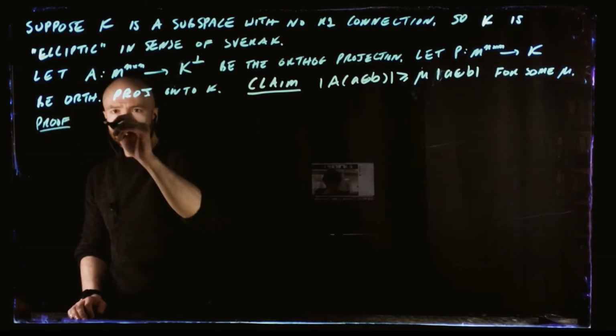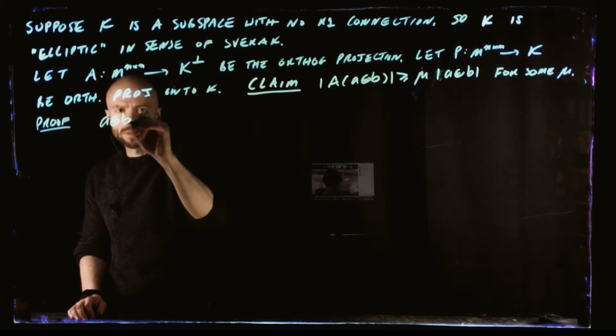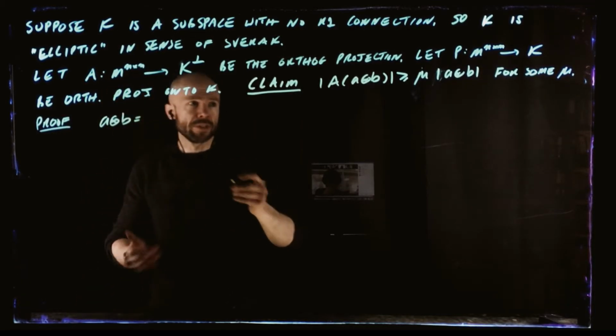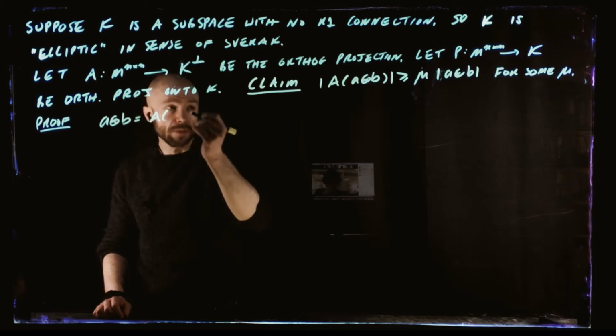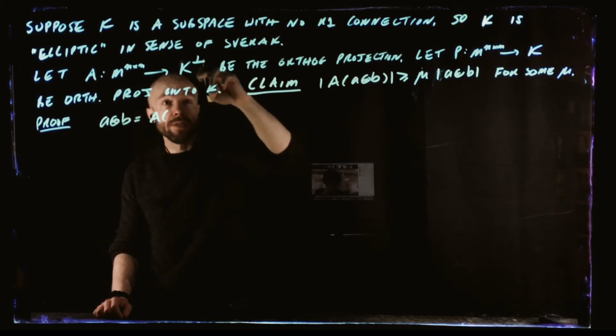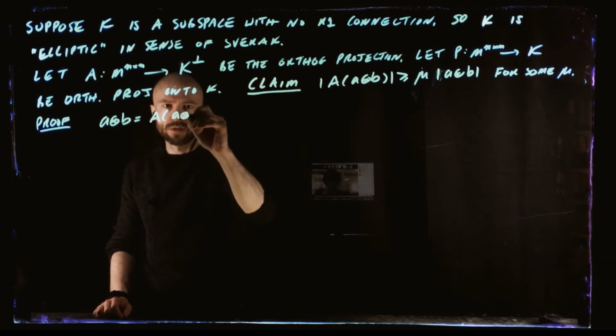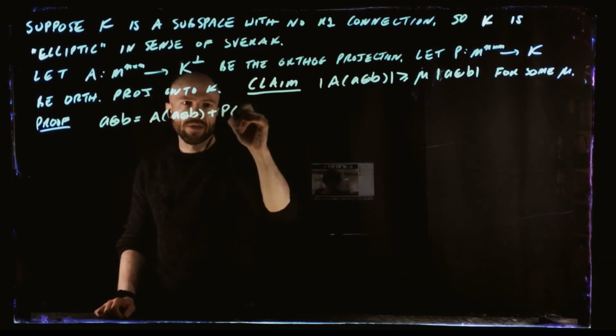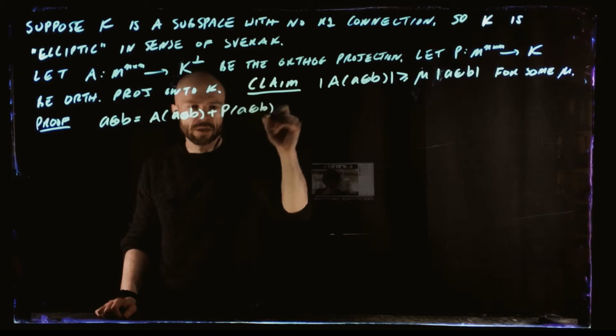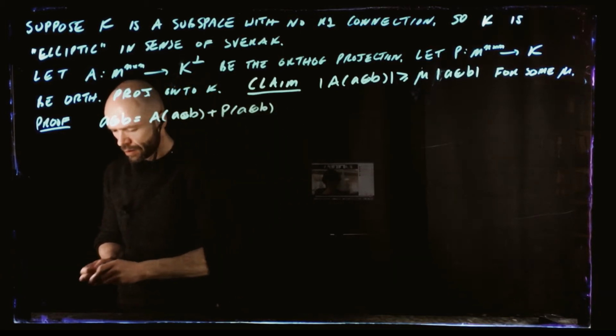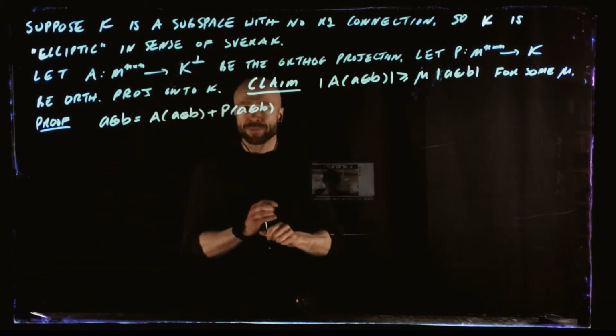So for any rank-1 matrix, it's equal to the sum of its projections into these orthogonal subspaces K and K orthogonal. So it's equal to A plus P of A cross product A, like this, right? That's definitely the case.